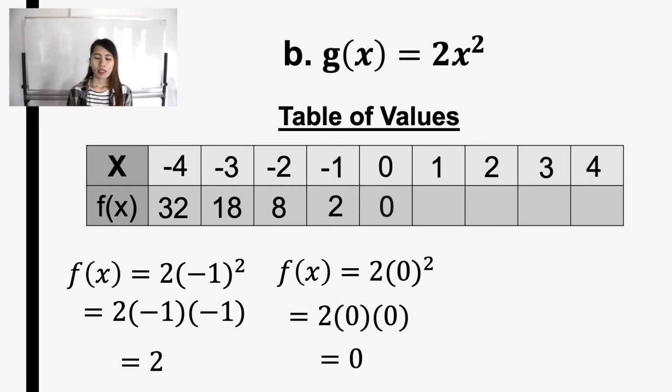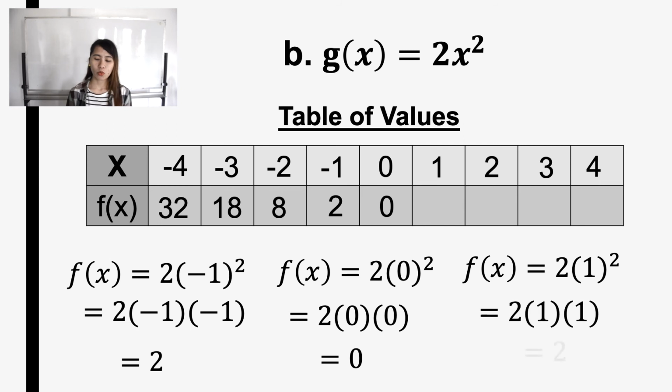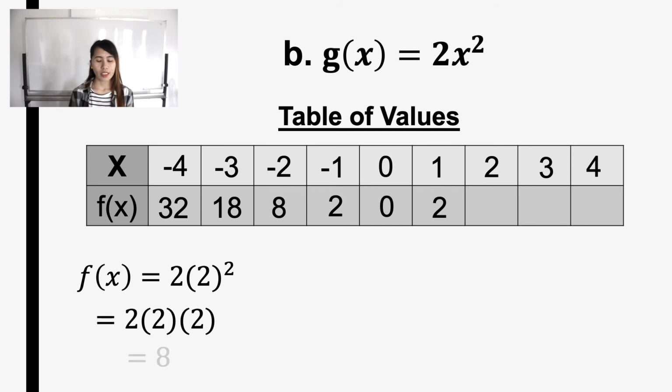So next, g of 1 is equal to 2 times 1 squared, or 2 times 1 times 1, we have positive 2. Next, g of 2 is equal to 2 times 2 squared, or 2 times 2 times 2, so our answer will become positive 8.